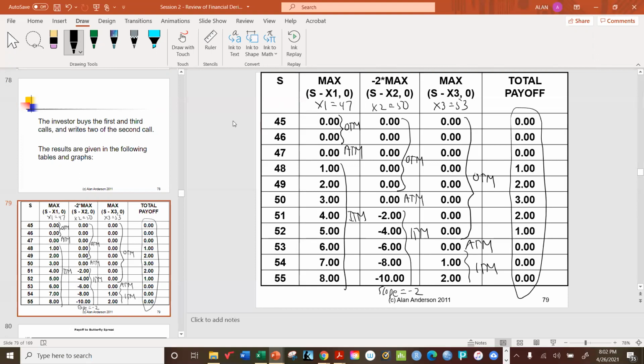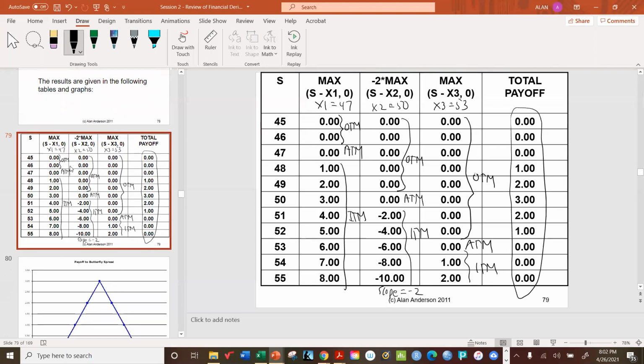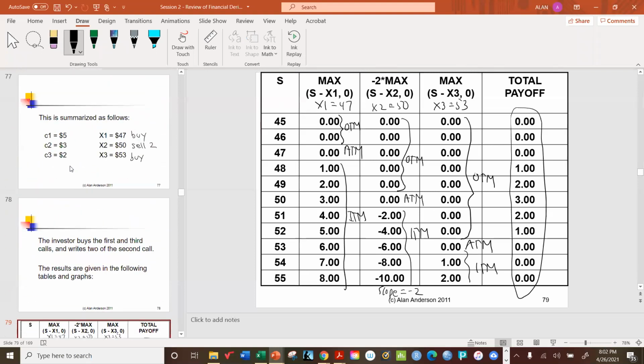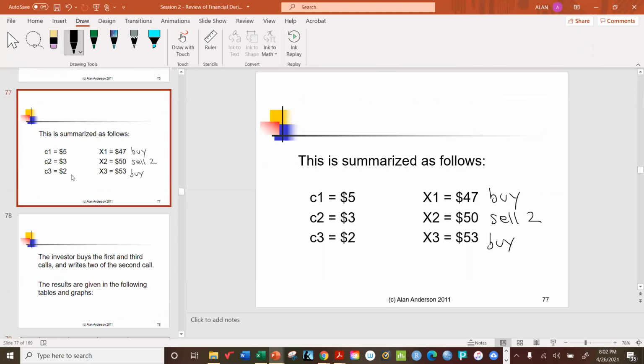Now, because we bought the 2 options and sold the two in the middle, how much did this position cost us? Let's see, let me just add that here. We pay 5, we're paying the call premium. We pay 5 plus 2 minus 2 times 3.